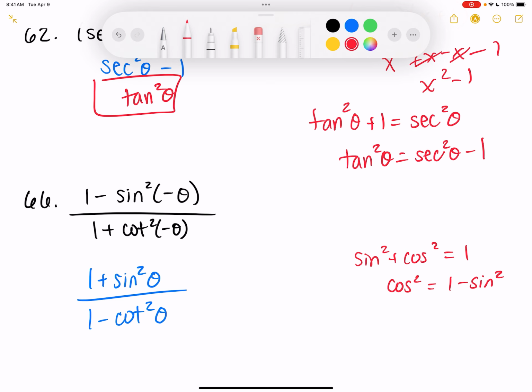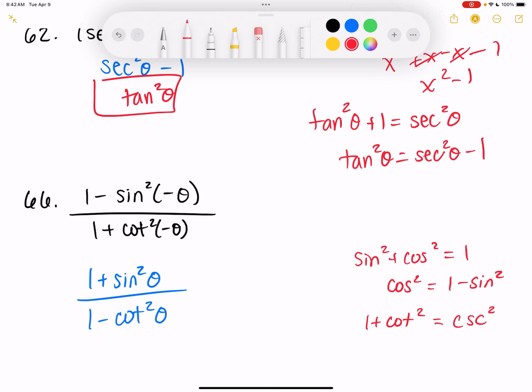How about the bottom? What one deals with cotangent? 1 plus cotangent squared equals cosecant squared, but I needed 1 minus cotangent squared, so are those the same thing?